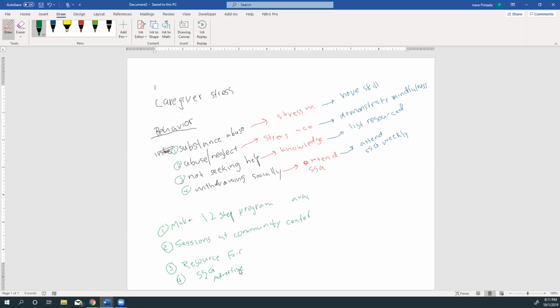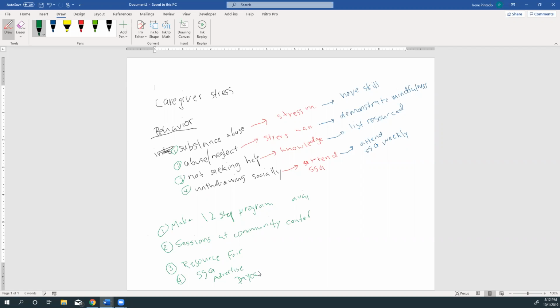Can they leave them alone to go to a social support group? They can go with them. Well, but then you would have to have some kind of daycare for adults, right? Because you can't really, have you been with somebody who has dementia? You can't really lug them around too easily. So you might have to offer some type of daycare or some kind of care for the older person.